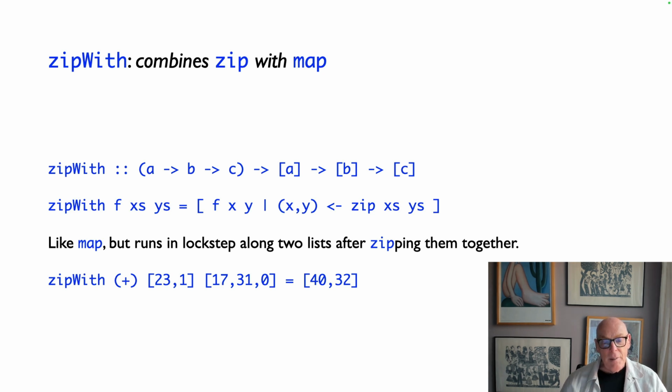So for example, if I do zipWith here, the function plus on these two lists, I'll get 23 added to 17, which is 40, and 31 added to 1, which is 32. So again, this is higher order because it takes that function as its first argument.